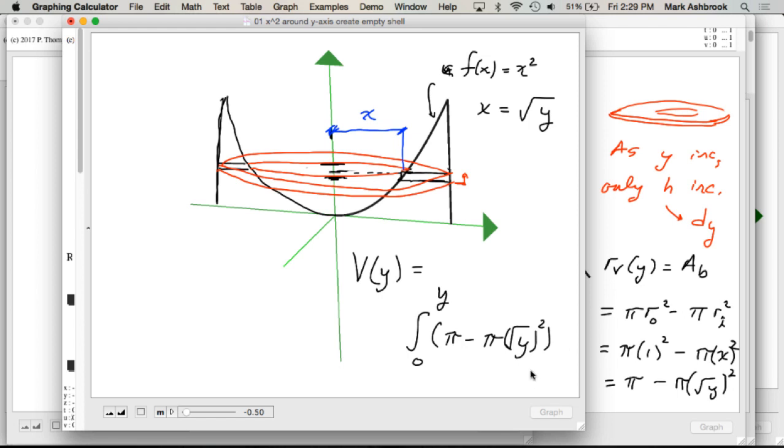Right, so I blew it. I can't use that variable, so let's use u this time. If you use t, that's fine. I'll just use u for something else. Doesn't matter. Some other free variable. It's going to represent values of y that change from 0 to y, right?